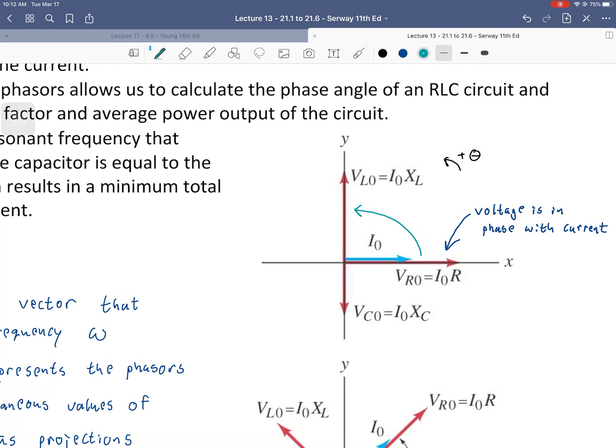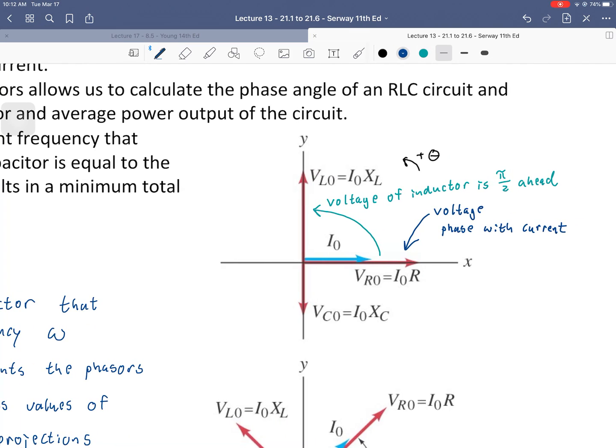So here we have the voltage of the inductor is pi over 2 ahead. See the earlier sections of the notes to see how that is consistent with what we wrote back then. And then here I actually want to write voltage of the resistor.